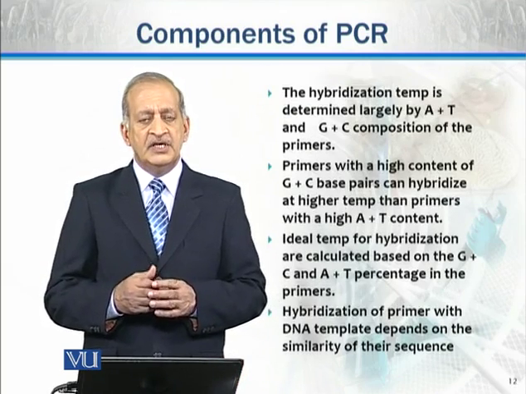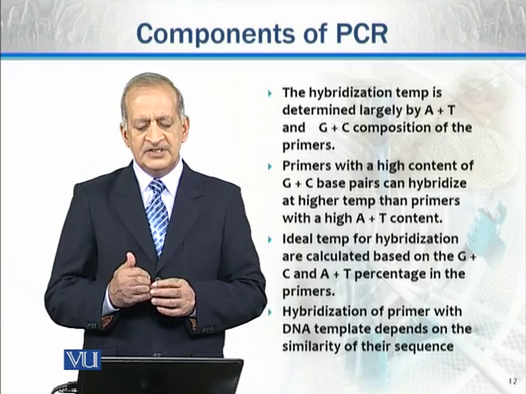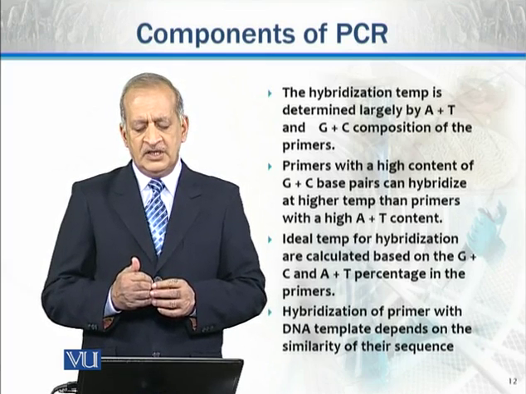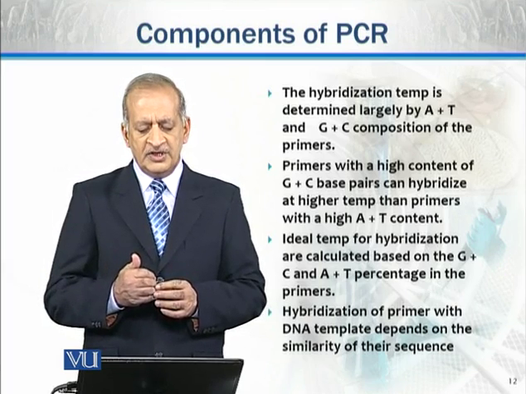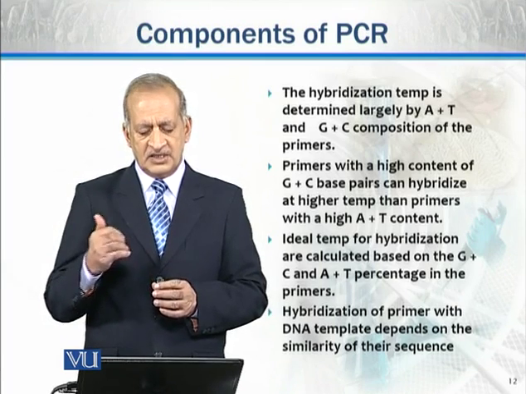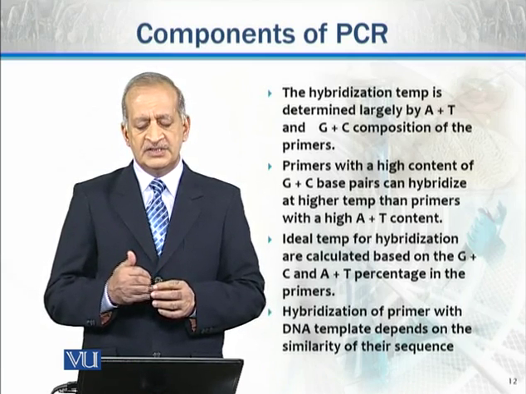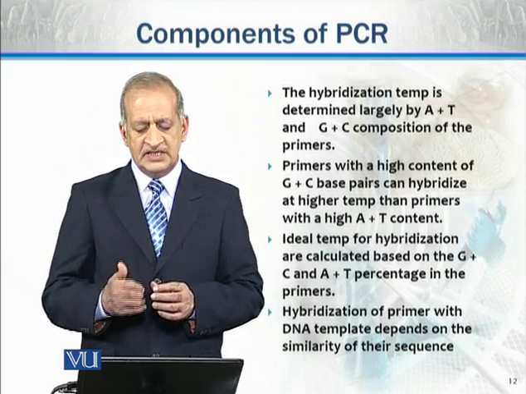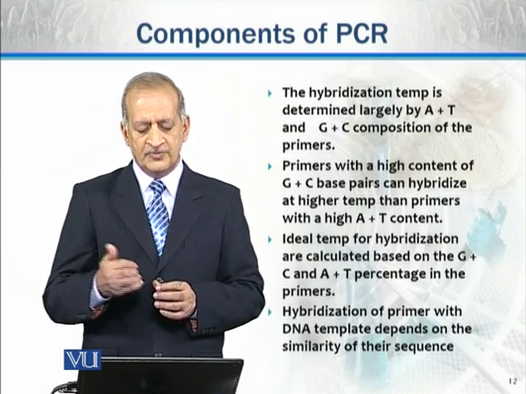Hybridization temperature is determined largely by the A plus T and G plus C composition of the primers. If G plus C base pairs are present in greater number, then the temperature required is high, and if A plus T base pairs are in greater number, then the temperature, of course, is less as compared with when G plus C pairs are more.